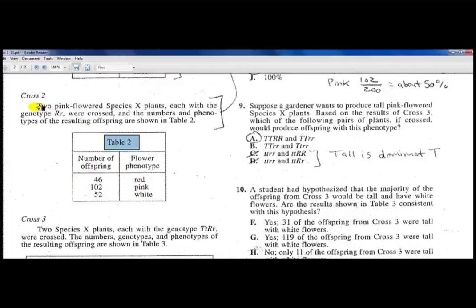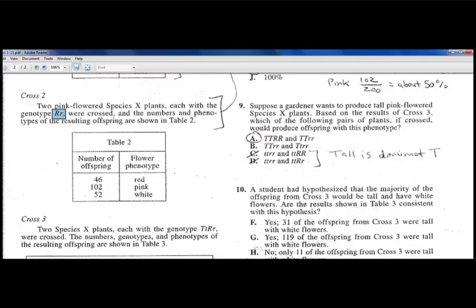So what we have to do is go ahead now and read this little mini intro paragraph. Two pink flowers, species X plants, each with the genotype RR, are crossed. And the numbers and phenotypes of the resulting offspring are shown in Table 2. That's all the information they give us.